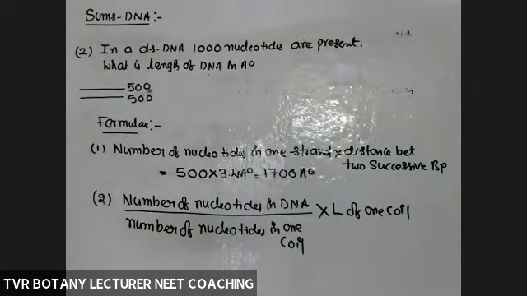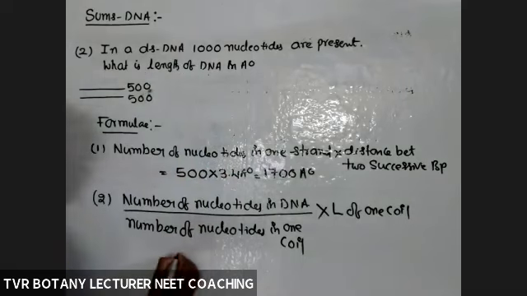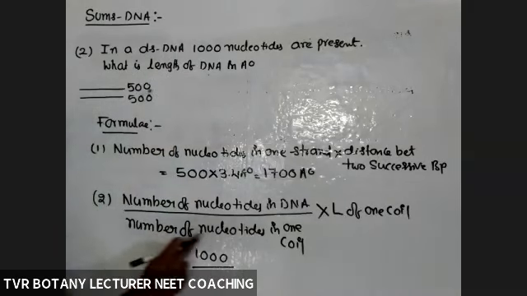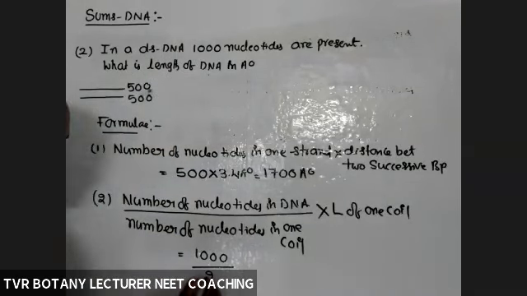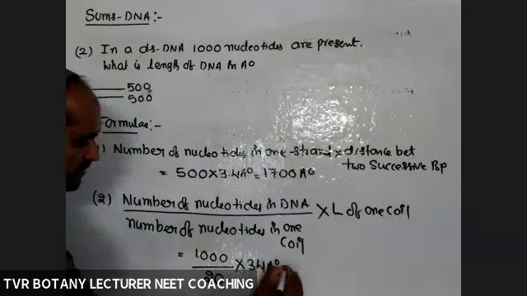Length of one coil. Is it working? Check it. See, the number of nucleotides present in DNA, 1000, given or not? 1000 divided by number of nucleotides per coil, 20, and the length of one coil, 34 angstroms. Check it.